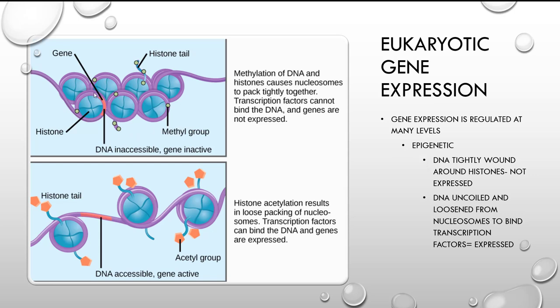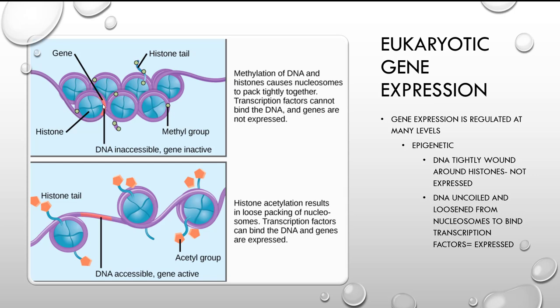Here in purple is the DNA. Remember the blue parts are the histones. The histones are the proteins, and then remember the spool of thread. The DNA is wound around the spool, and then it's all tightly packed. So when it's like this, the genes are not going to be expressed.